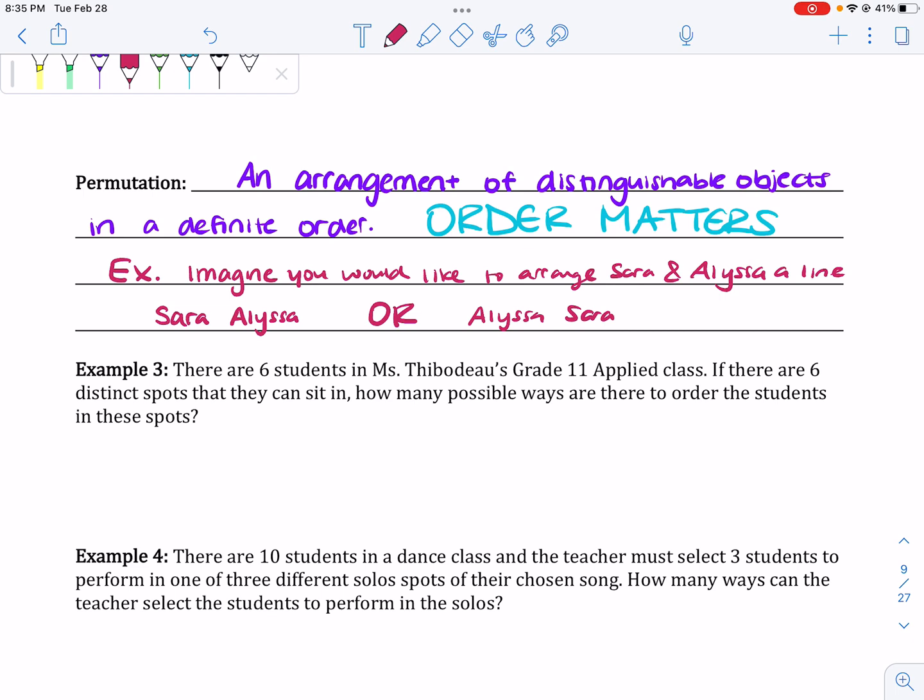In permutations, we will still have those choices. And on those lines that we drew that each represent a choice, we are going to put the number of options that are available for each choice on top. And because we want to make all of these choices, it's an and situation, we are then going to take all these numbers and multiply them together. So let's take a look at the first example.